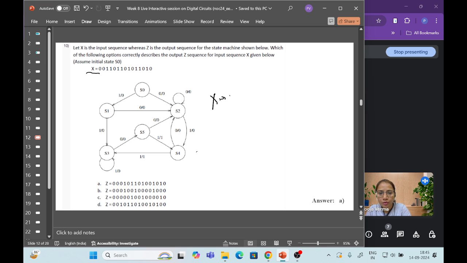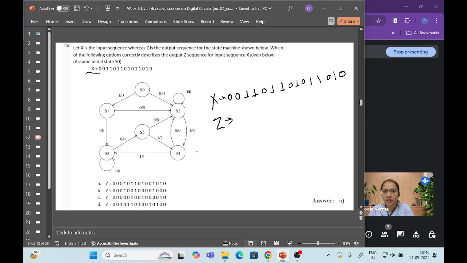So the input sequence is 0 0 1 1 0 1 1 0 1 0 1 1 0 1 0. Yeah, right. We need to track the corresponding output for this input.